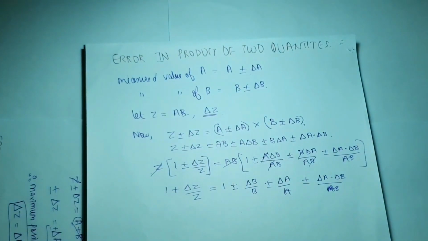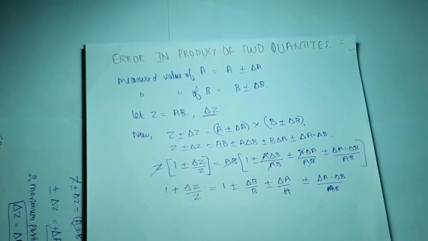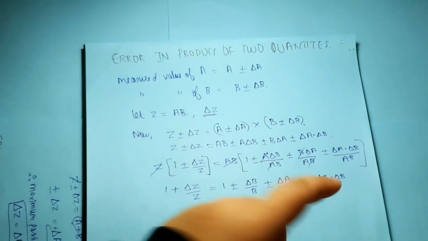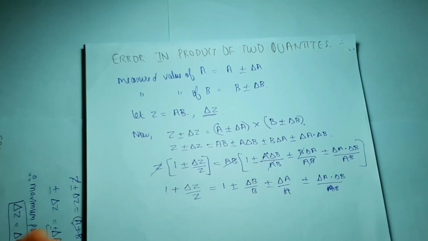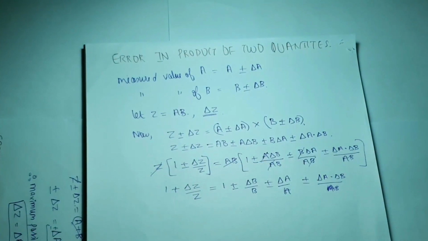So scientifically it has been proven that this product, that is delta A into delta B divided by AB, gives you a very minute answer, because imagine for yourself, the error would be very small, isn't it? Let's say the error produces something like 0.02, and same thing for this, and multiplying those two numbers gives you a smaller answer, and dividing by AB will give you a much smaller answer.